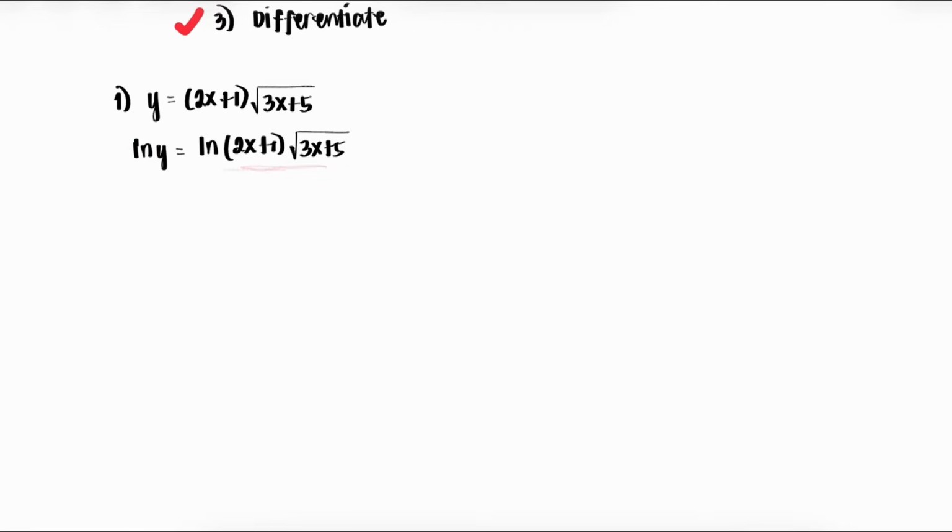And as you can see, we're multiplying here, so we can split it into two logarithms, which is a sum of those two logarithms. So that's ln y is equal to ln of 2x plus 1 plus the ln of the square root of 3x plus 5.